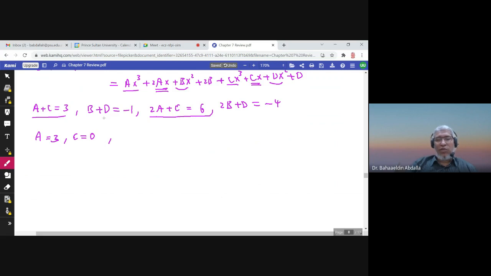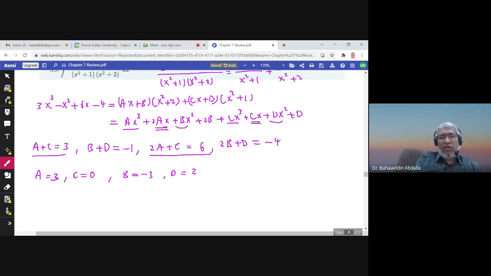For these two, b plus d equals -1, I do the same. 2b minus b is b, d minus d is 0, -4 minus -1, -4 plus 1, or -3. If b is -3, then d is -1 plus 3, which is 2. So these are the values of the 4 coefficients.